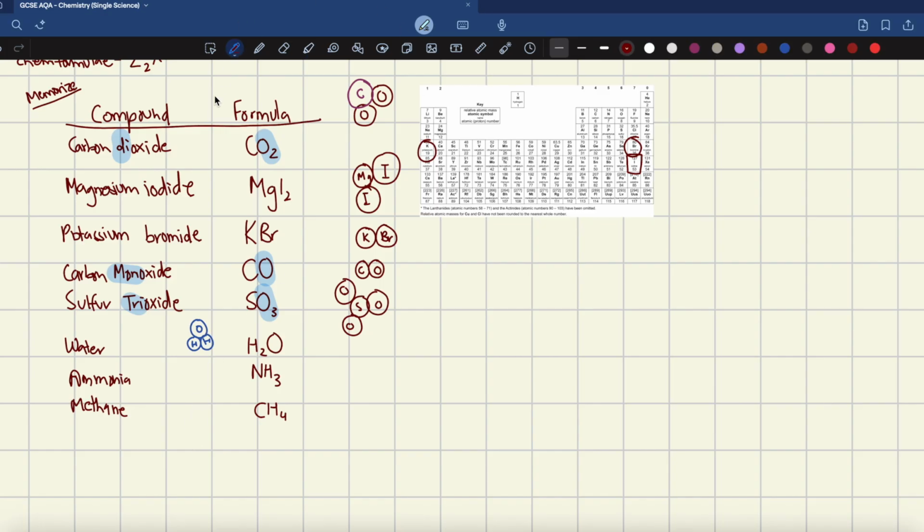This is a rule of thumb: for compounds made up of non-metals only, the second word is going to have a mono, a di, or a tri. It shows the number of particles of the following element present. The di tells me that there are 2 particles of oxygen, the mono tells me that there's just 1 atom of oxygen, and the tri tells me that there are 3 particles of oxygen.